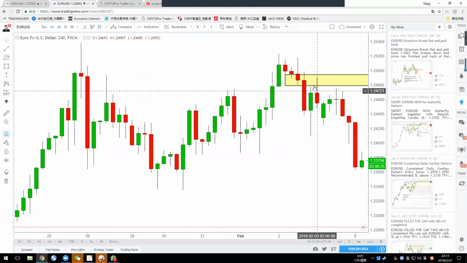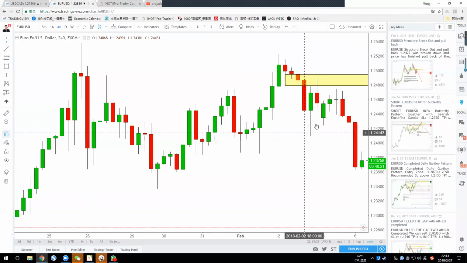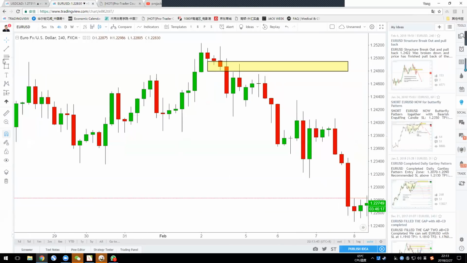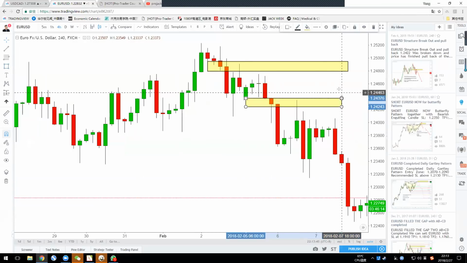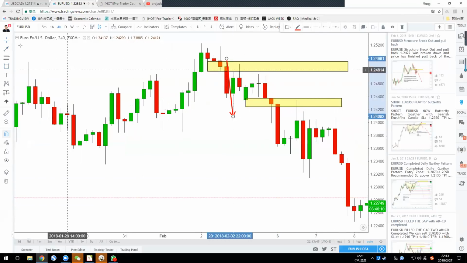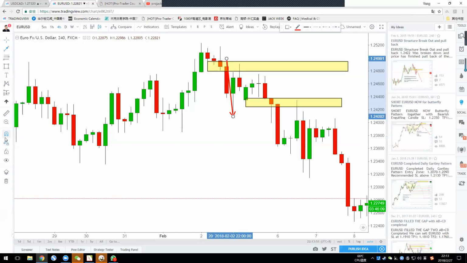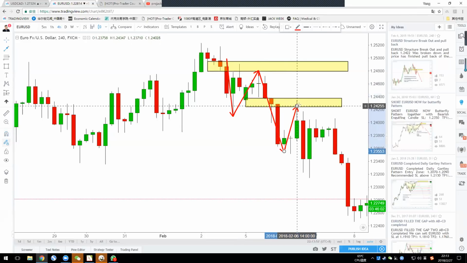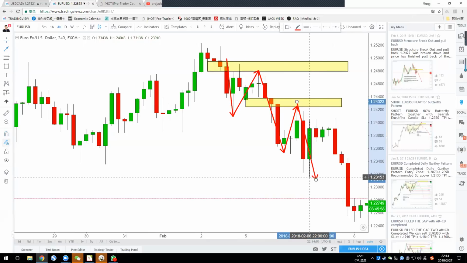Then on Monday it comes to here, I have winning profit, it pulls back, I short again, pulls back, short again, pulls back, short again. You can see a lot of pullback structure here. Every time there is a pullback, I take a short, and I take profit on my added positions.